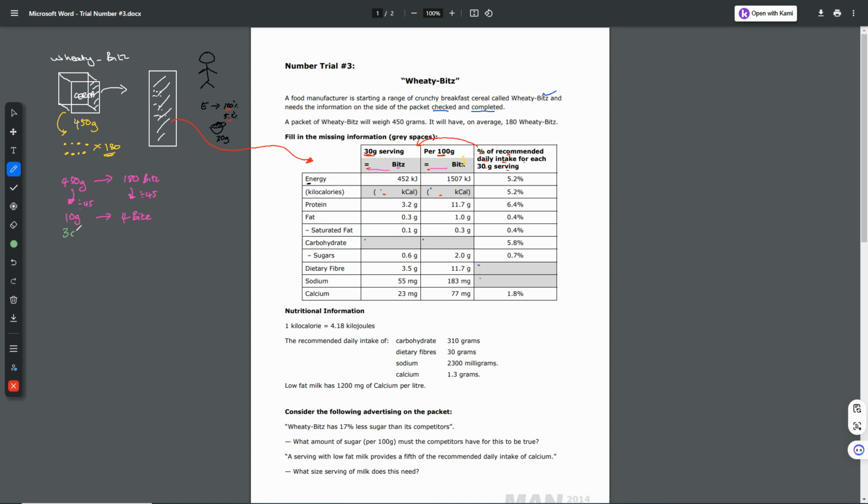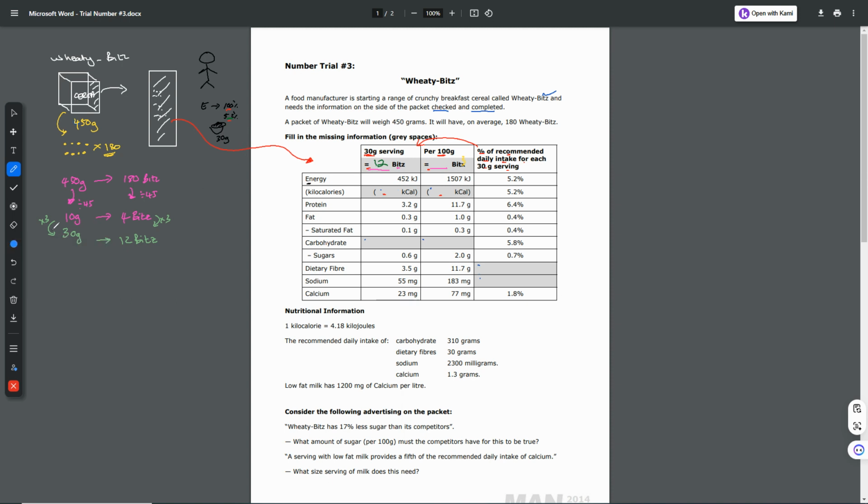And so likewise, we now want 30 grams. So we multiply it by 3, and we multiply this by 3. And then that comes to 12 pieces, right? 12 bits. So that means 30 grams would be, if you grab 12 pieces, that's the percentage of energy you're going to get from there. Okay.